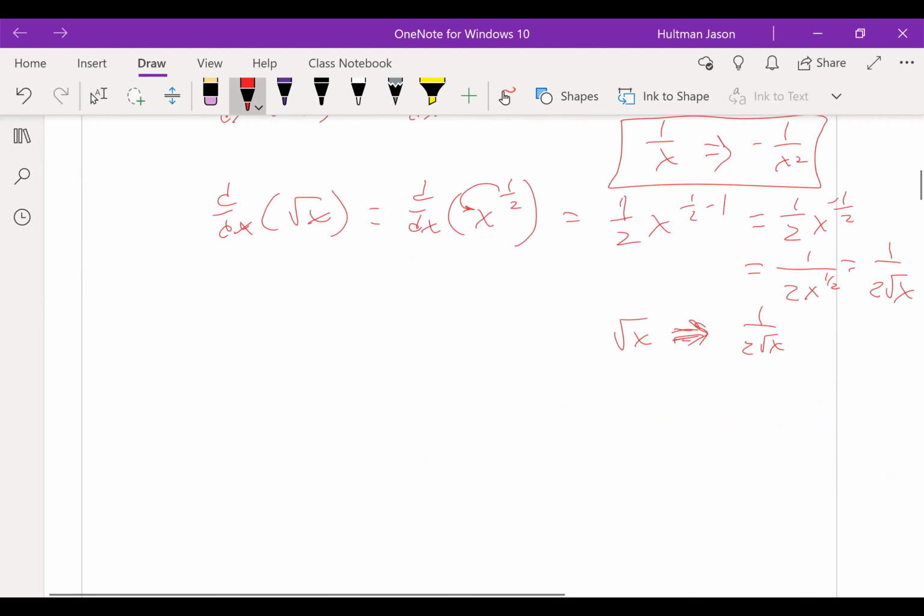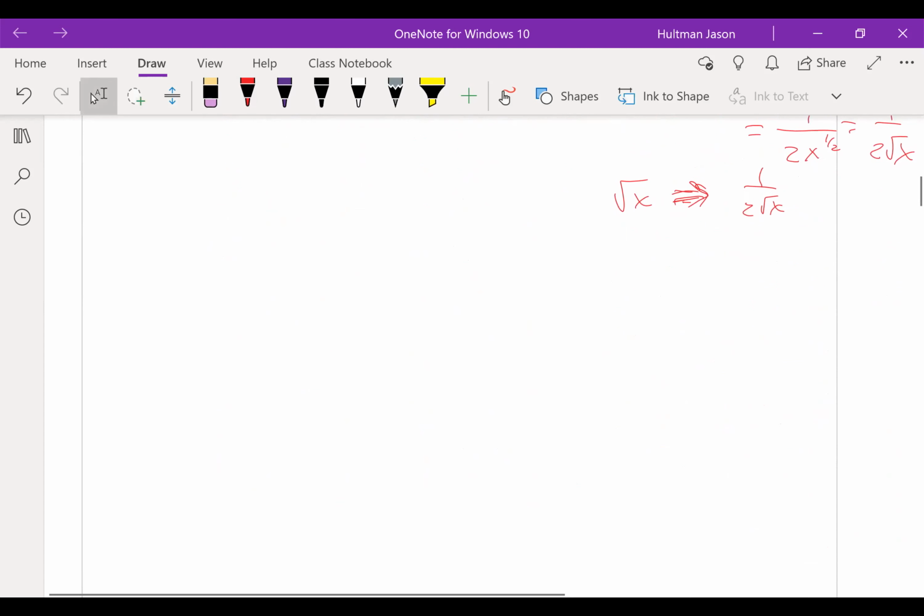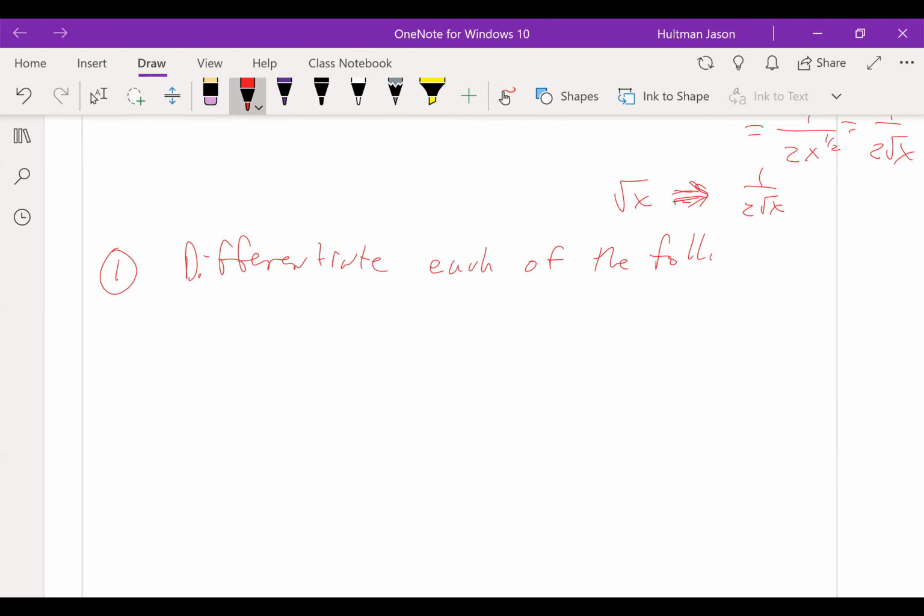Okay, let's do some derivatives here. Number 1, differentiate each of the following. A, y equals x to the 5th power.